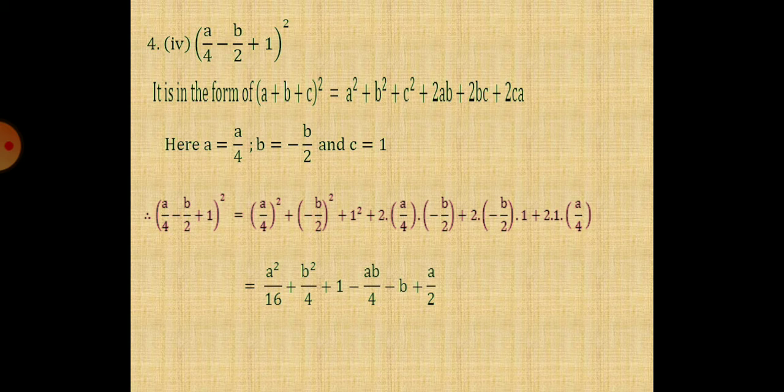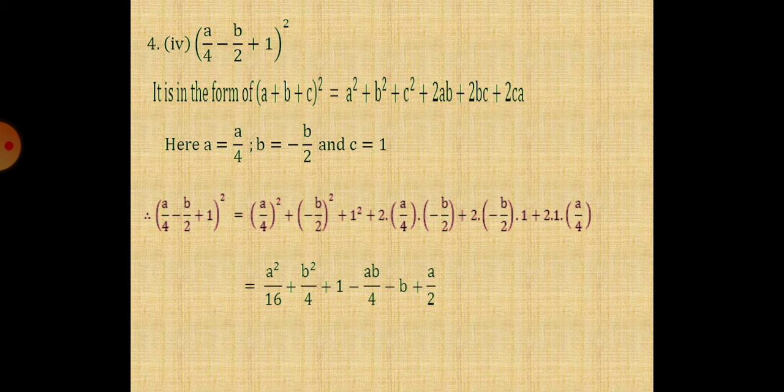So it becomes a by 4 whole square plus minus b by 2 whole square plus 1 whole square plus 2 into a by 4 into minus b by 2 plus 2 into minus b by 2 into 1 plus 2 into 1 into a by 4. So it is nothing but substitution of a, b, c in the above formula.